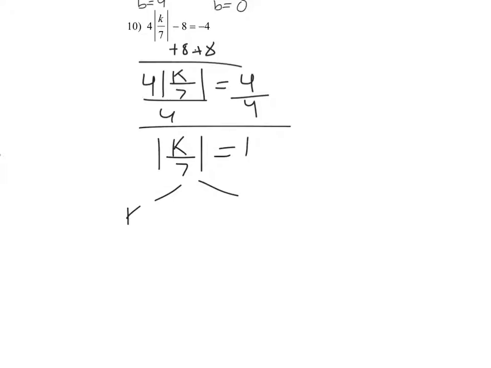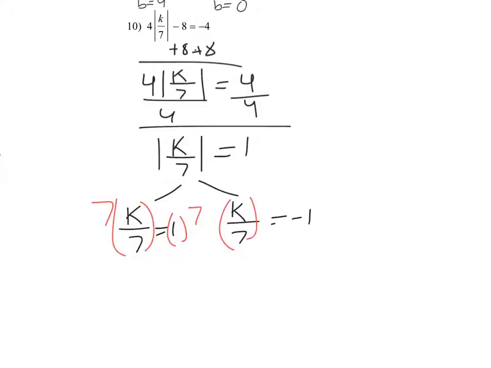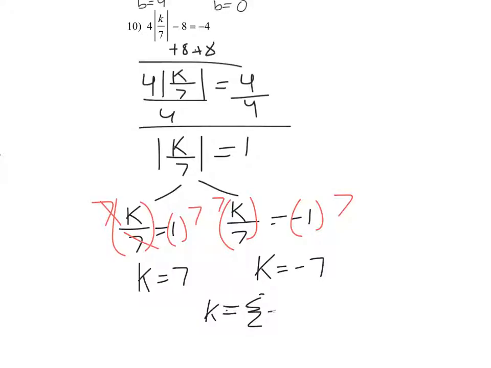So this would be k over 7 equals 1, and k over 7 equals negative 1. Then to get rid of that 7, you'd multiply both sides of both equations by 7. The 7's will cancel out. That would leave you with k equals 7 and k equals negative 7, and that would be your solution set, negative 7, 7.